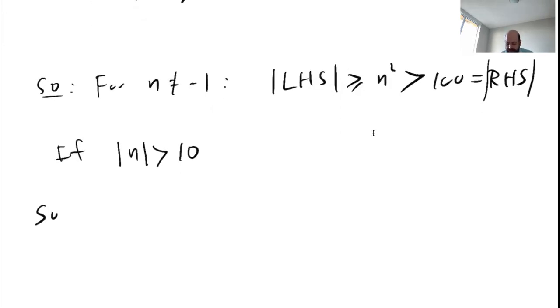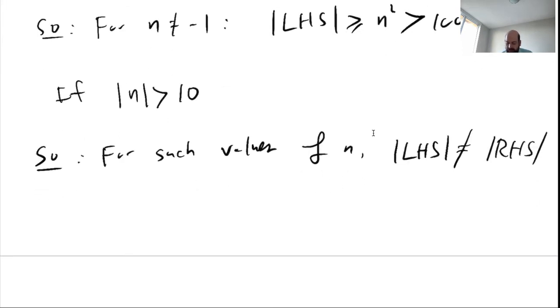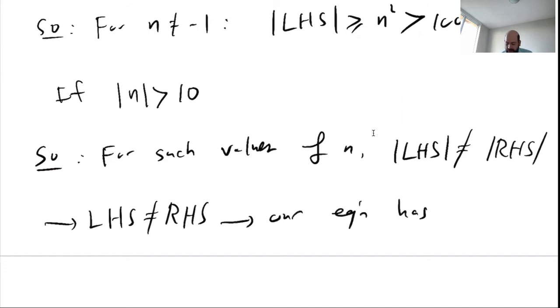So for such values of n, the absolute value of the left-hand side is not equal to the absolute value of the right-hand side, because we just said the absolute value of the left-hand side is bigger than the absolute value of the right-hand side. And that means the left-hand side is not equal to the right-hand side. And that means our equation has no solution for such values of n.